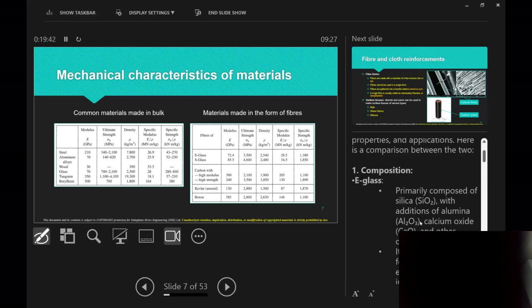High-performance glass fiber, and E-glass is electric glass. It's all just glass, isn't it? Technically, the computer's just a big thing. No, that's silicon.